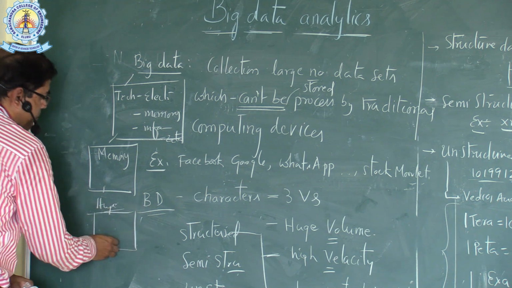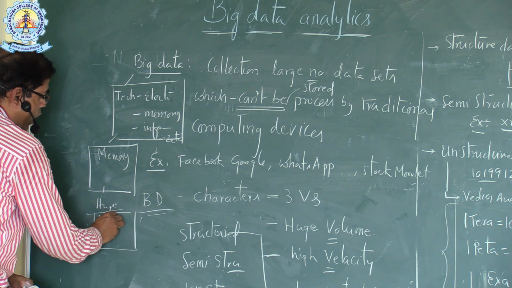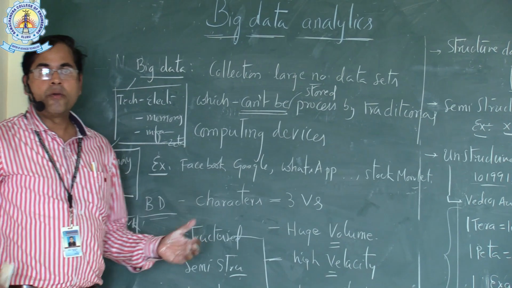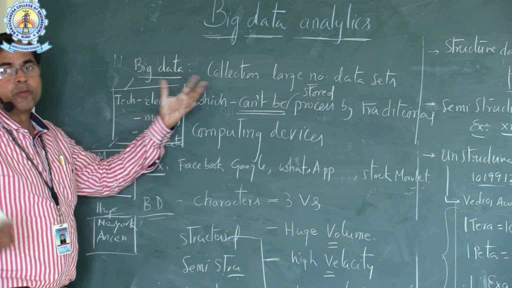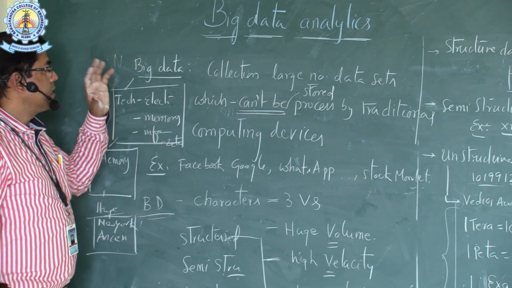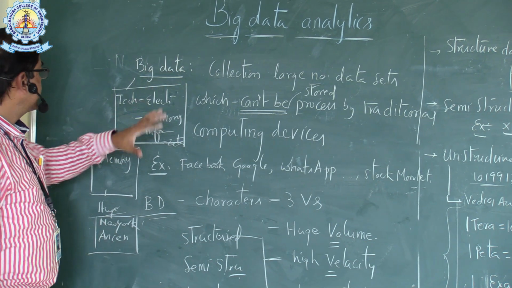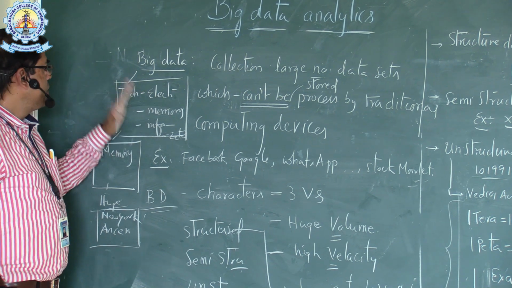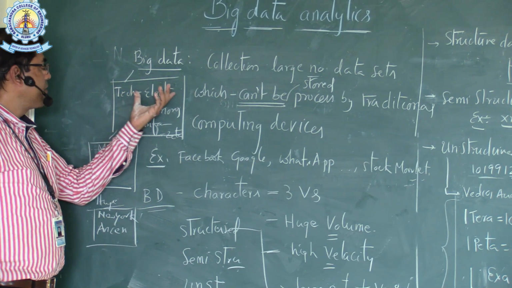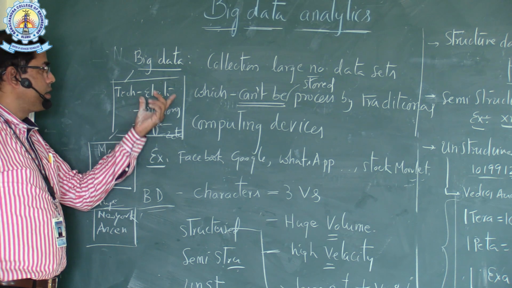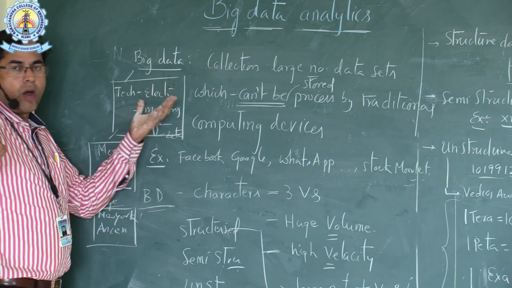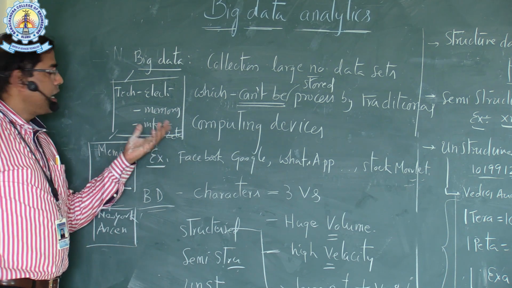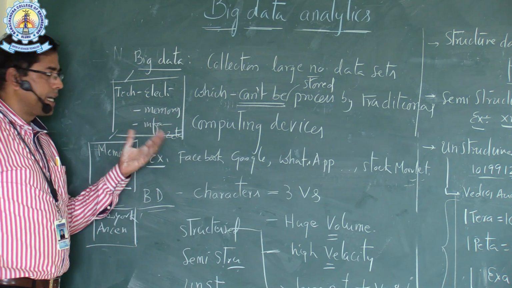I gave several examples, such as the New York Stock Exchange. So far we have discussed how this huge data comes into action through the advent of new technologies, the invention of new high volume memory, and how information is stored at different locations.